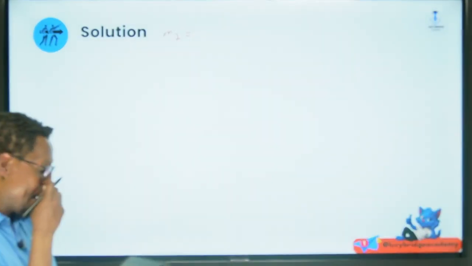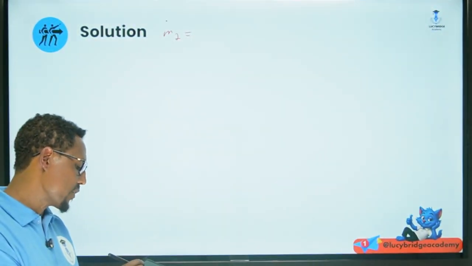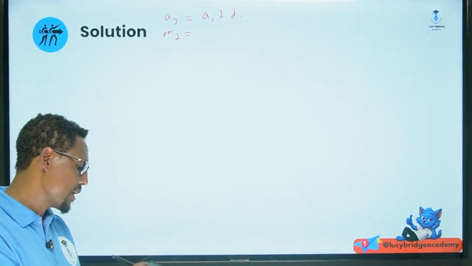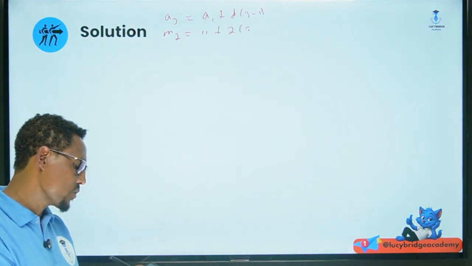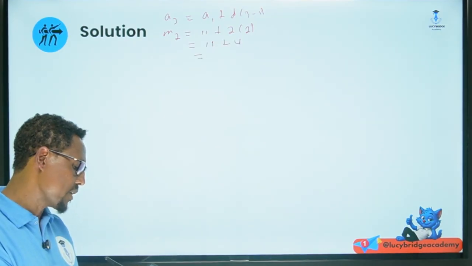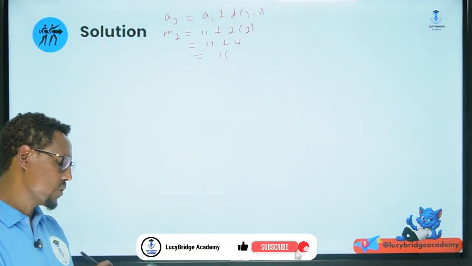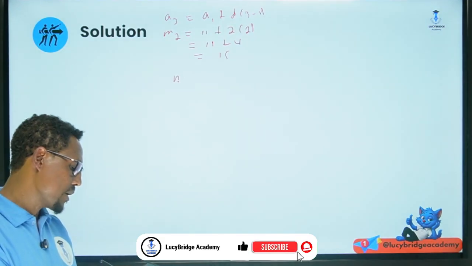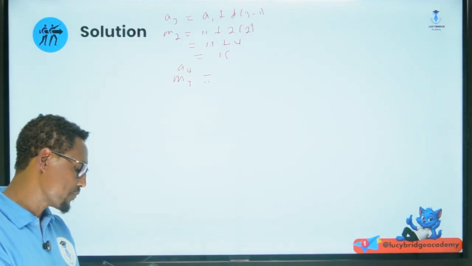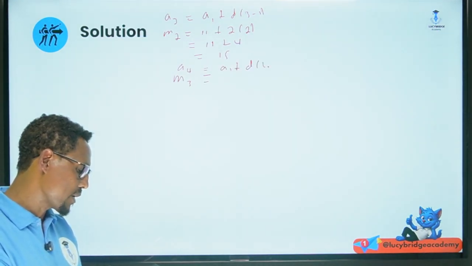Similarly, M2 means A3, which is equal to A1 plus D times 3 minus 1. A1 is 11, D is 2, 3 minus 1 is 2, 2 times 2 is 4, and 11 plus 4 is 15. So M2 is 15. What about M3? M3 means A4, which is equal to A1 plus D times 4 minus 1.